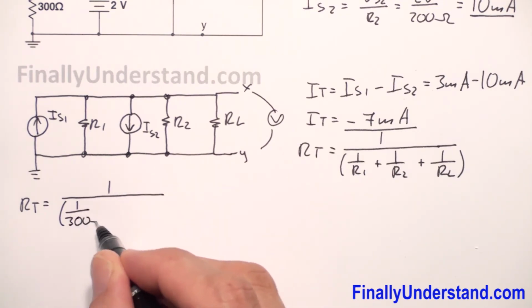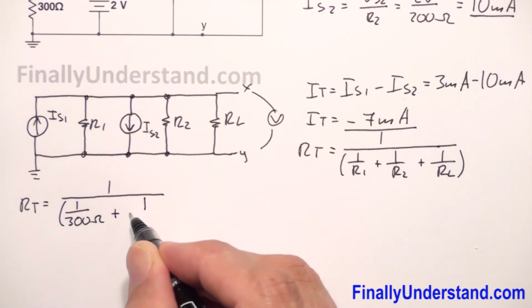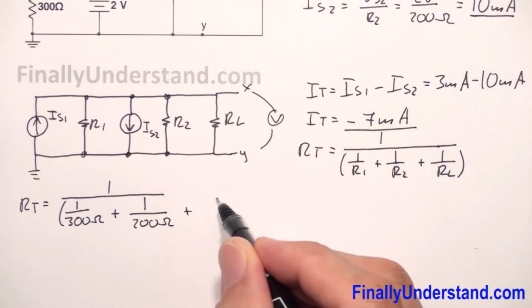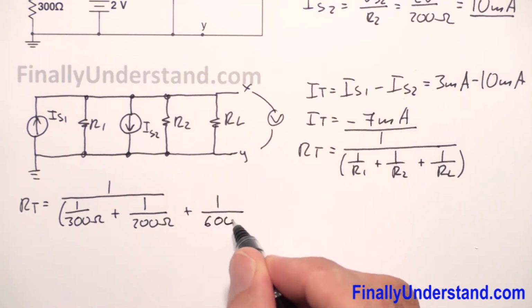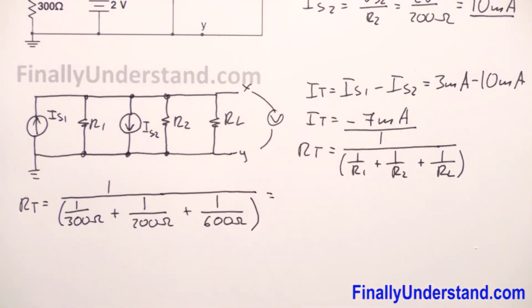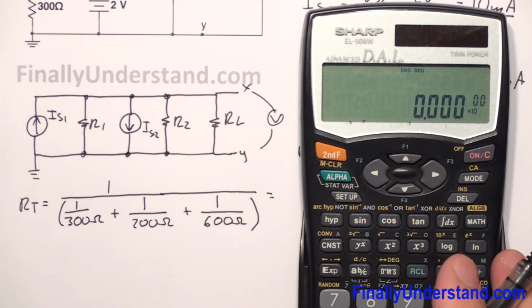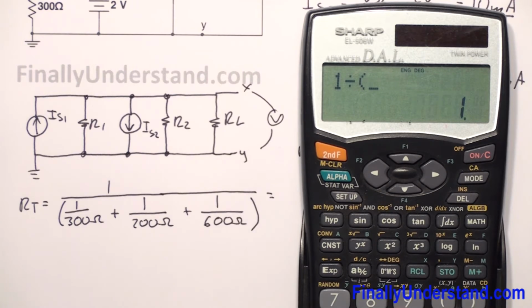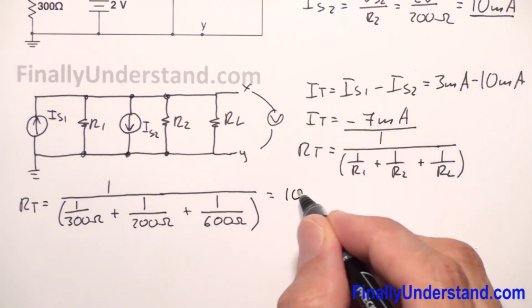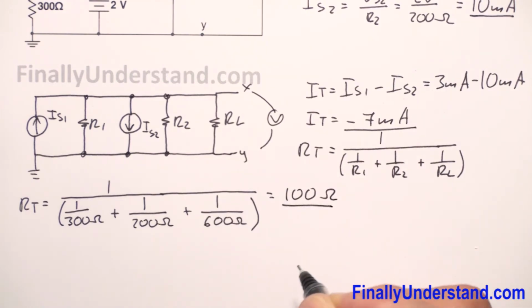So this is 300 ohms plus 1 divided by R2, 200 ohms, plus 1 divided by 600 ohms. This is equal 1 divided by, open parenthesis, 1 divided by 300 plus 1 divided by 200 plus 1 divided by 600. This is equal 100 ohms. Okay, this is my R total.